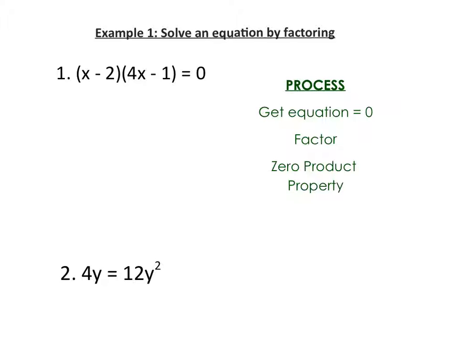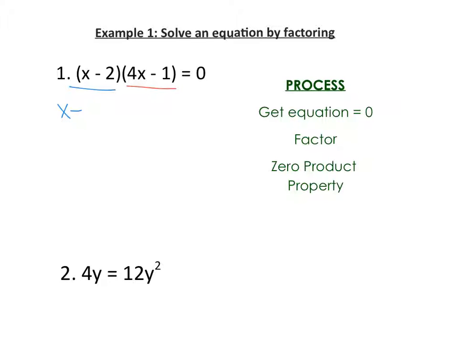Then the second step says factor. I already have these two factors in factored form because they are already in parentheses, which means that's factored form. So this example to start out with is very simple in that I'm going to use the zero product property and set each factor equal to 0.